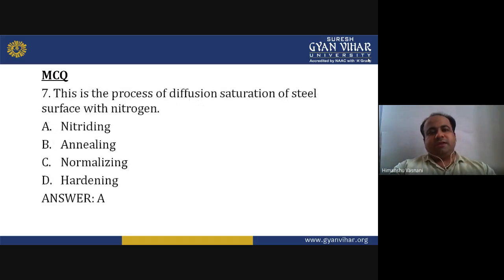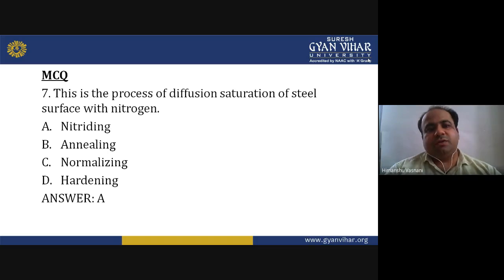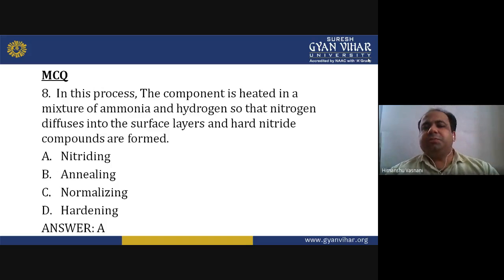Now this is the process of diffusion saturation of steel surface with nitrogen. We just read a few slides before. What do we call this? Diffusion saturation of steel surface with nitrogen is called nitriding. Now in this process, the component is heated in a mixture of ammonia and hydrogen, so that nitrogen diffuses into the surface where hard nitride compounds are formed.